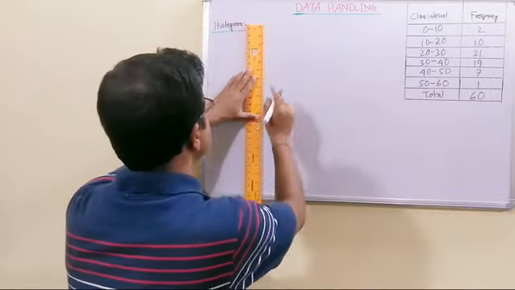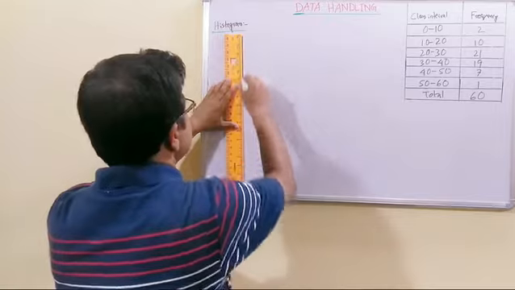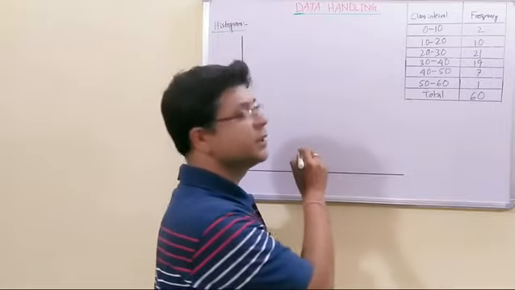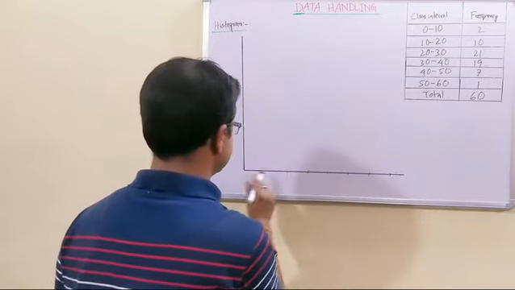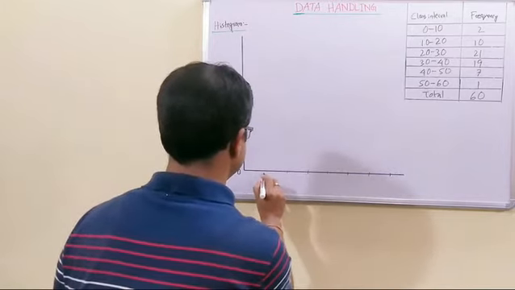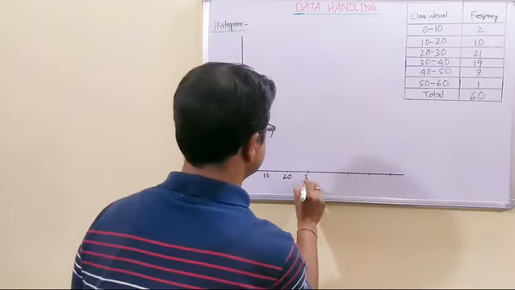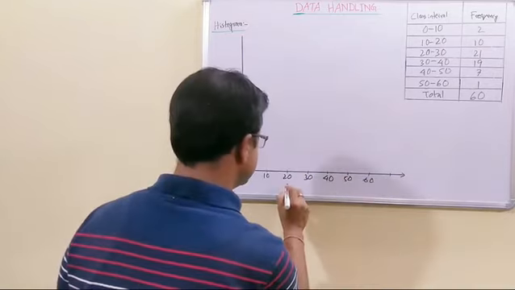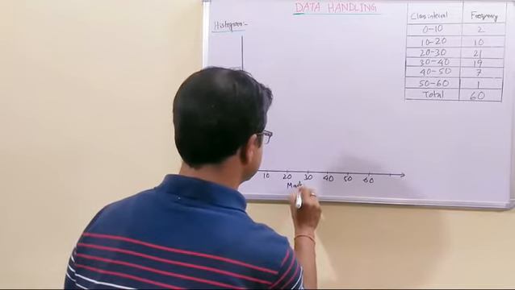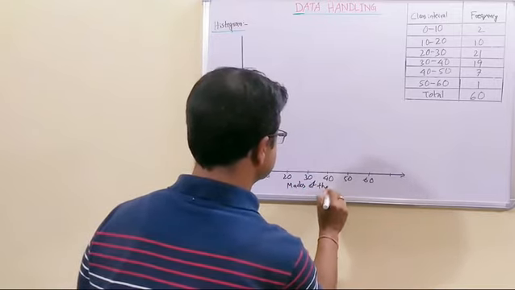Let us draw two lines, two perpendicular lines. This histogram we will make on graph paper. Here we have made equal gaps. Here it will be 0, here 10, 20, 30, 40, 50, 60. This is for the marks of the students.